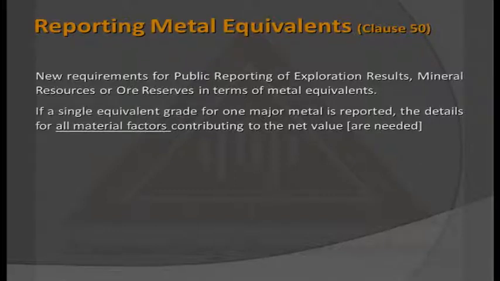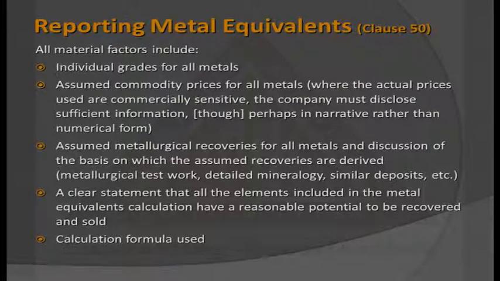You can't just give a number and not explain how you came to that number. So obviously the first one is to explain all the grades for all the metals that you've added up and put into this metal equivalent. You have to explain in some way the assumed commodity prices rather than just giving spot values. And those prices may be commercially sensitive, so you perhaps have to explain those somehow rather than giving numeric values.